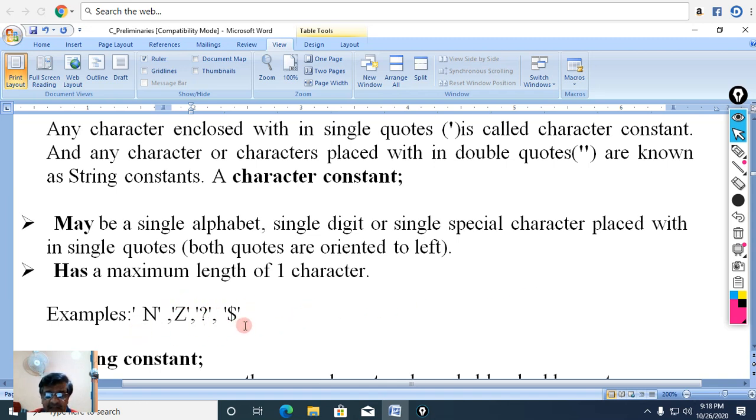There are some examples, and we may wonder where exactly these character constants are used, particularly when the program is based on options expressed by the user, and some of the data are given in the form of a character. For example, if we are asked to enter our marital status in a program, we enter M for married, D for divorcee, W for widow.